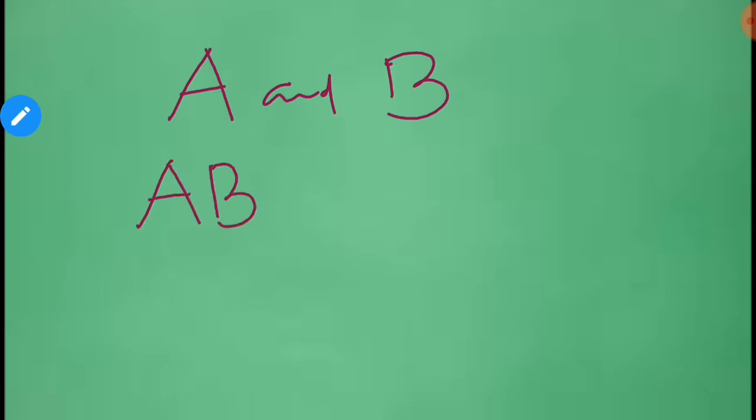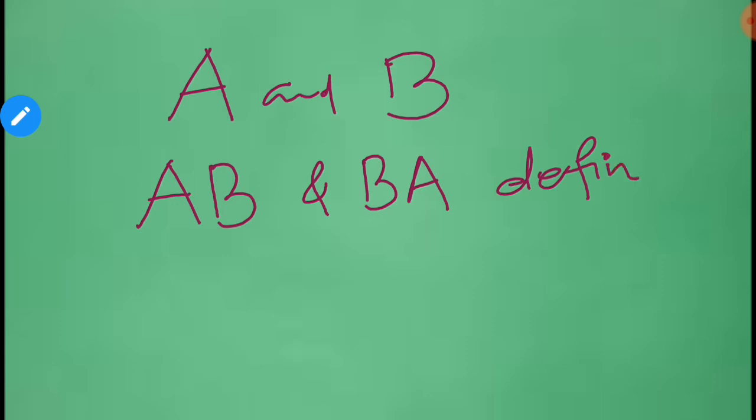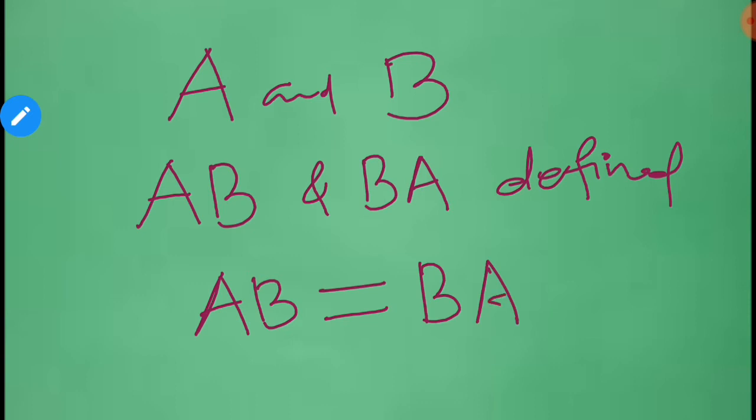Now consider two matrices A and B, and both AB and BA are defined. Then can we say AB equals BA?